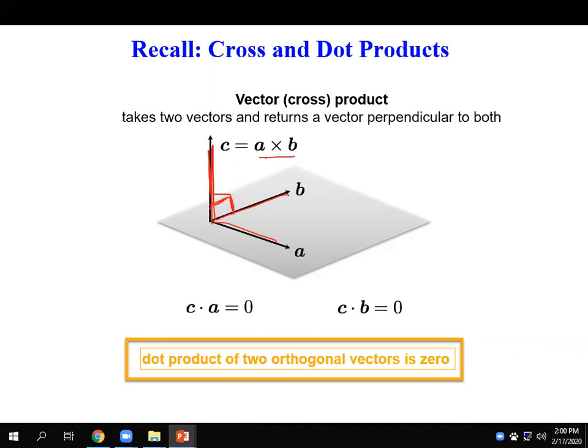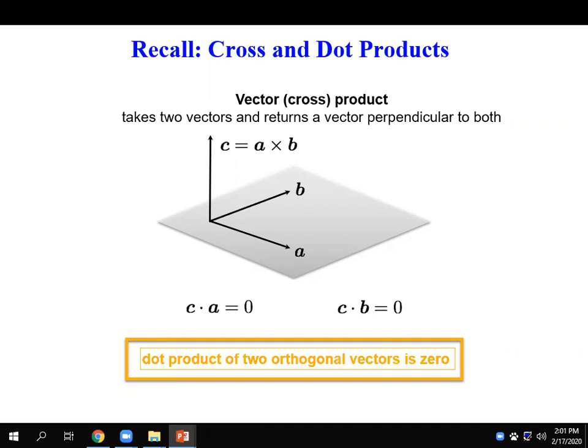Dot product B multiplied by A is equal to 0, and so on. The cross product of two vectors in one plane will give me another vector that's perpendicular to this particular plane. If I cross product a vector with itself, it will give me 0.